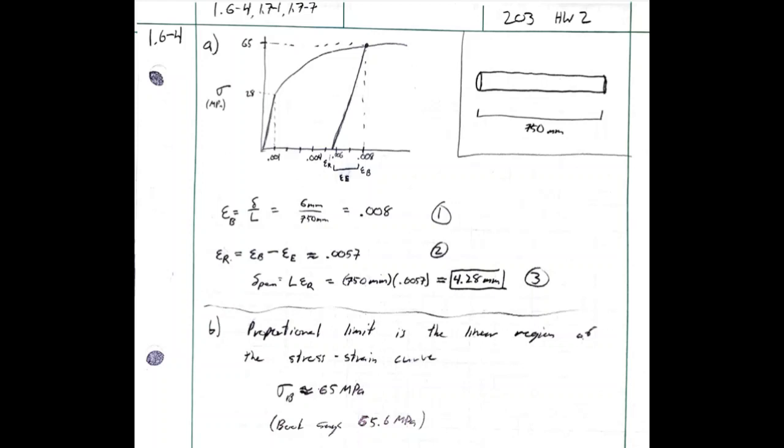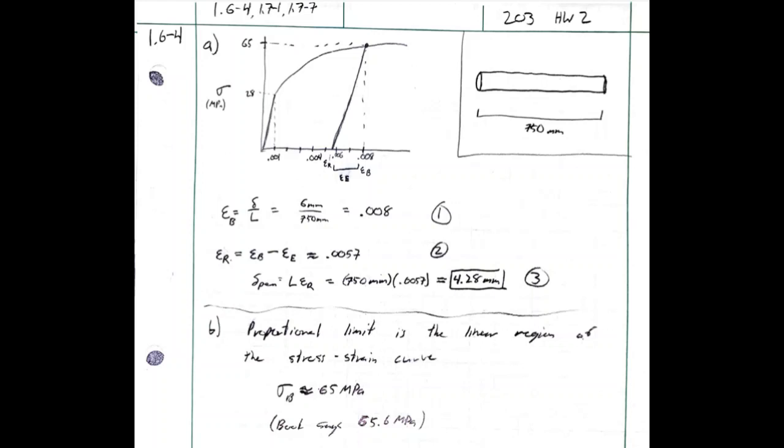Then we release the piece of metal. And when we release it, it's going to have something called an elastic recovery, or it's going to follow the slope of the elastic region, or the linear region at the beginning, all the way back down until the stress is 0.